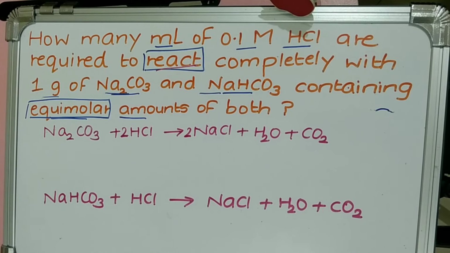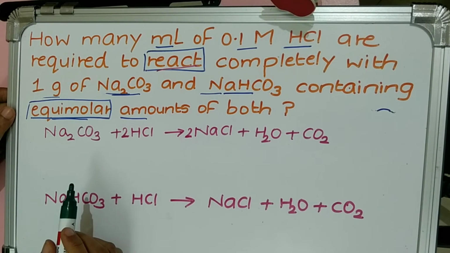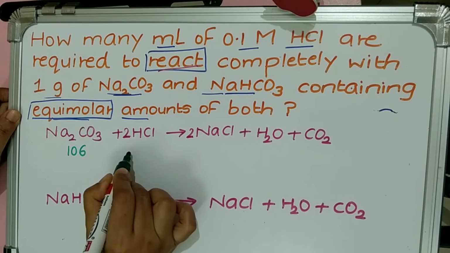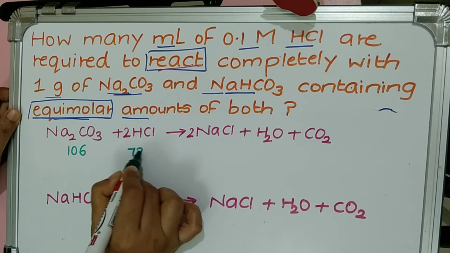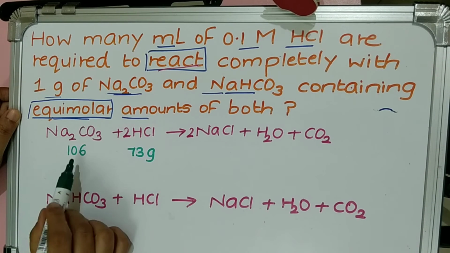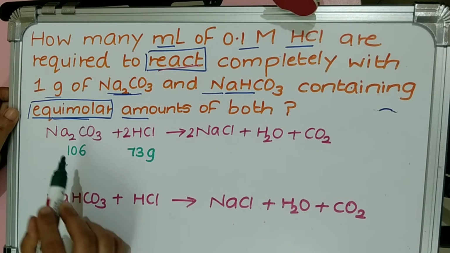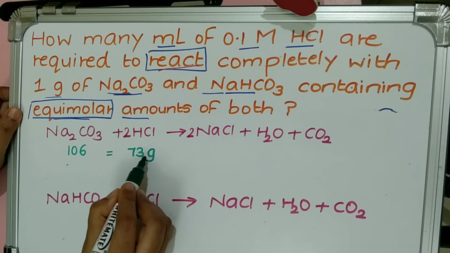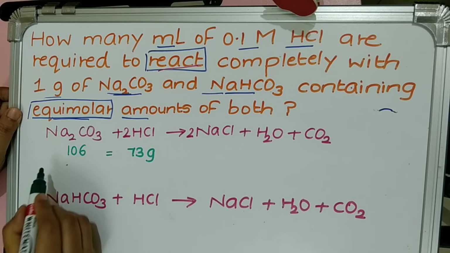Okay, now according to the equation, what I have written here, we know the molar mass of Na2CO3. Molar mass of Na2CO3 is 106 grams. For HCl, it is 73 grams. Why? Because it is twice 36.5. So, 106 grams of Na2CO3 requires 73 grams of HCl.